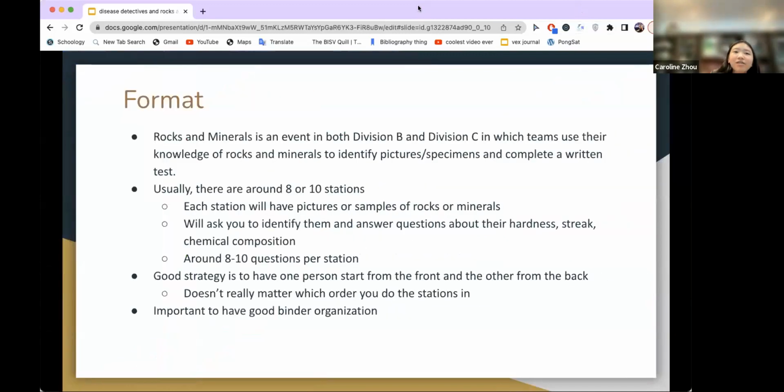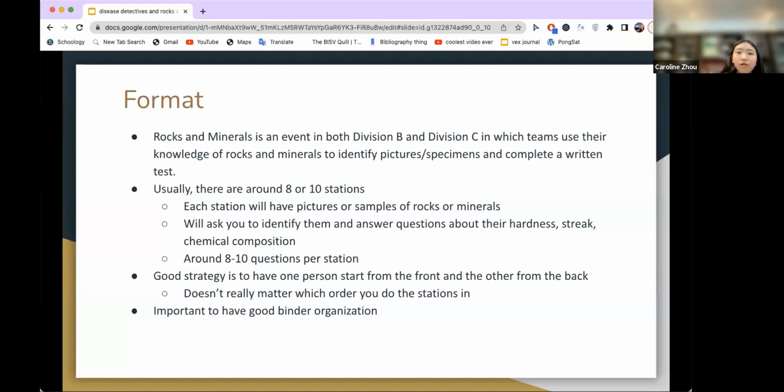Okay, format. So rocks and minerals is an event. It's in both Division B and Division C, and teams use their knowledge of rocks and minerals to identify pictures or specimens and complete a written test. Usually there are around 8 or 10 stations, and each station will have pictures or samples of rocks or minerals.